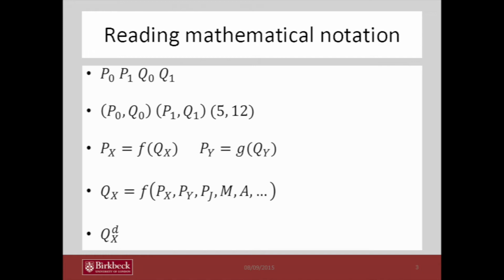In the third row, it says Px equals F of Qx and Py equals G of Qy. What do we mean by this? Well, this is the mathematical way of showing that the price of good X is a function of the quantity of the same good.